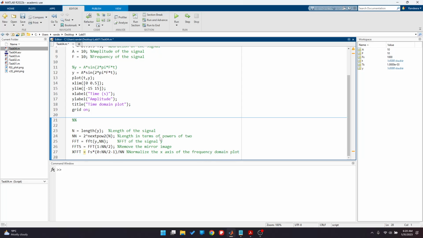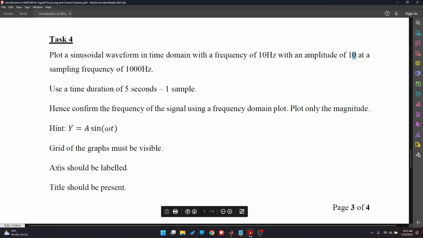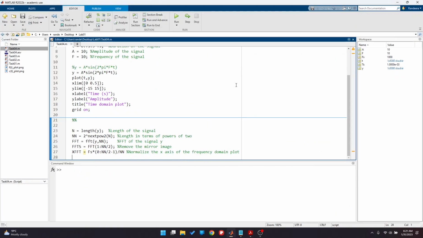After this, because in this task it says only compute the magnitude, right? So when you plot the FFT, it's in the imaginary form. So from that we need to only extract the magnitude, and we can do it the normal way that we compute the magnitude, which is by obtaining the absolute.